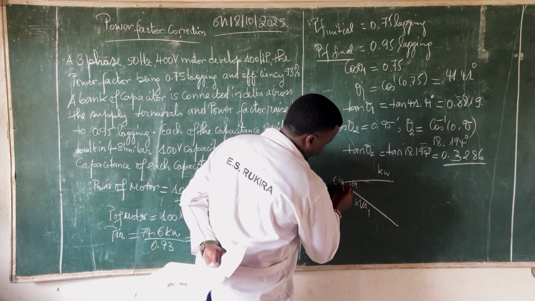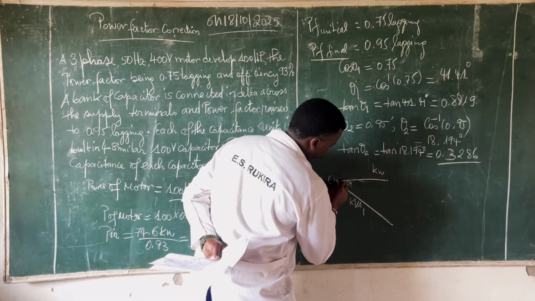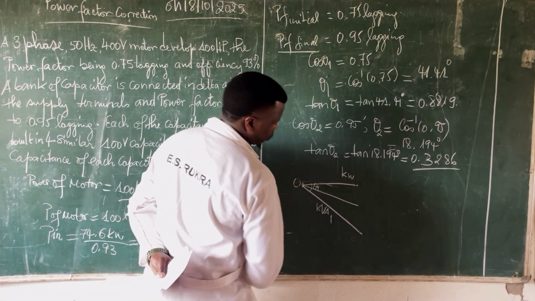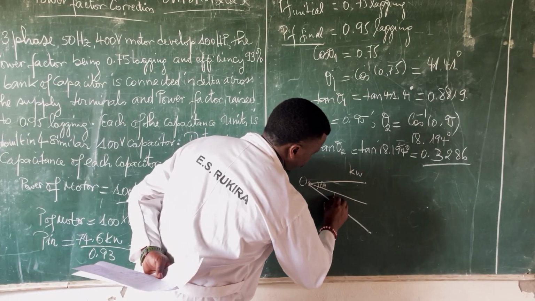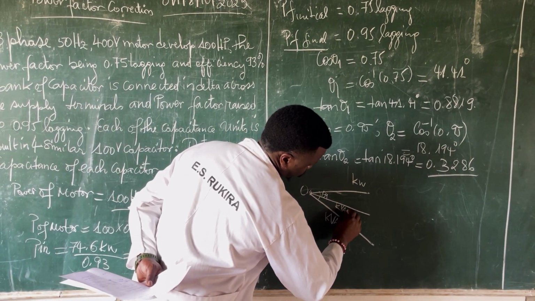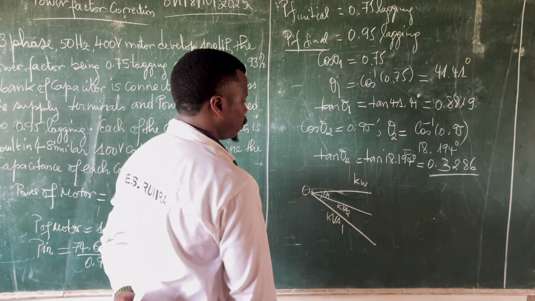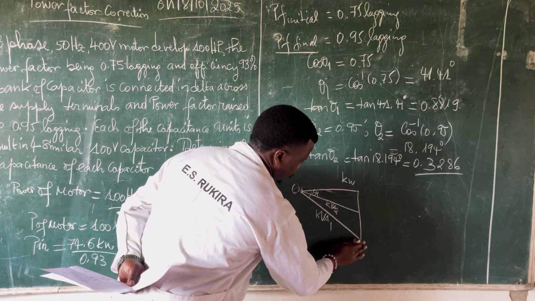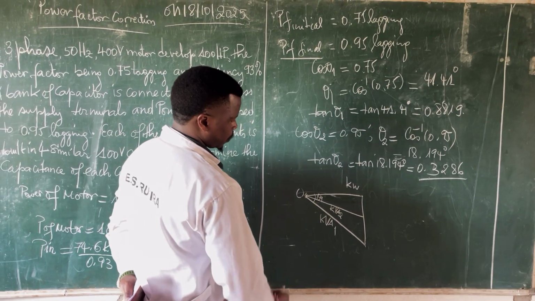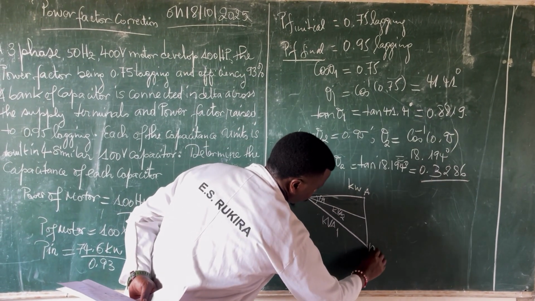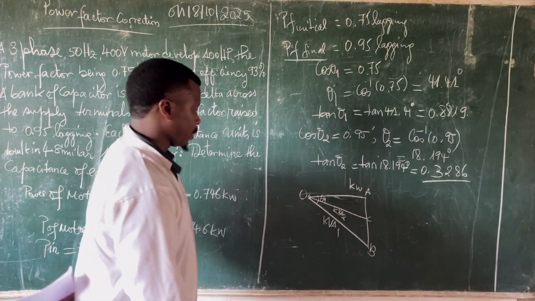But when we improve the power factor to theta 2, we have kilovolt-amps 2. This is the one after operation. And let's join these. Let's call the points O, A, B, and C.